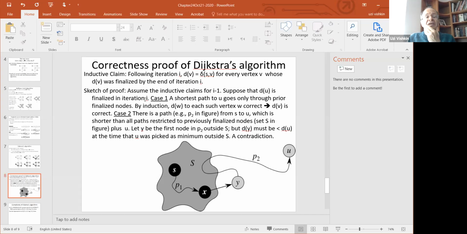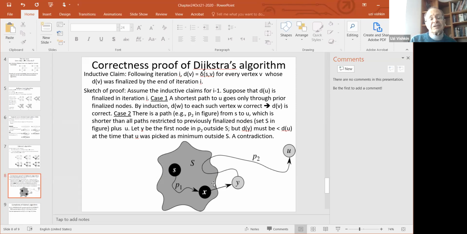The more intricate case is where there is a path of this form, where the shortest path from s to u goes through some vertices outside the set capital S, as opposed to small s.